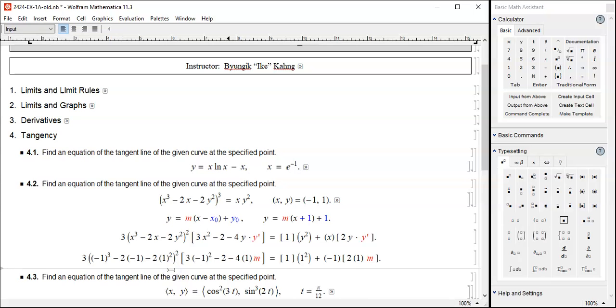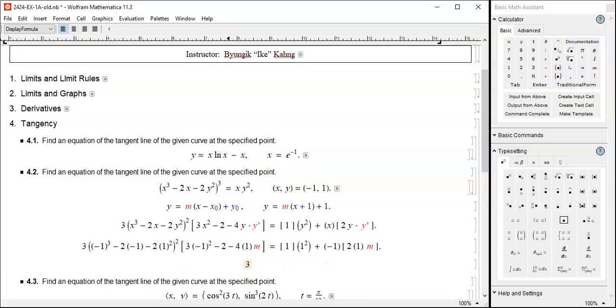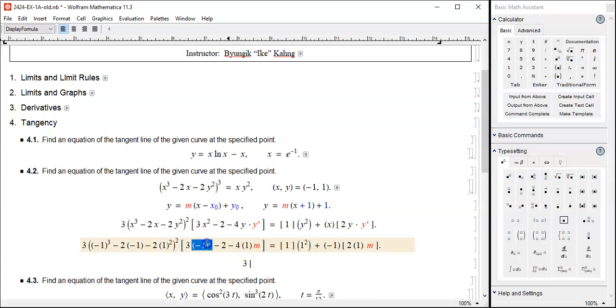So this is just 3 times, and then this is -1 squared, so it's positive. 3 minus 2, so 1 minus 4m, and then how about the right hand side? 1 times 1, and then minus 1 times 2m, so minus 2m. And this is an elementary computation.